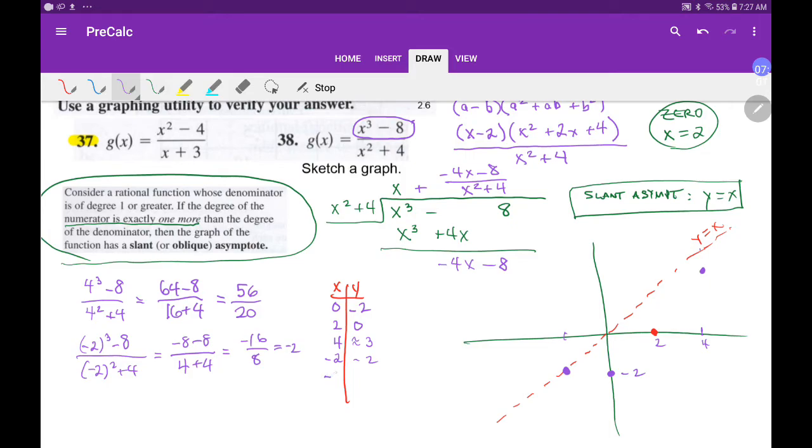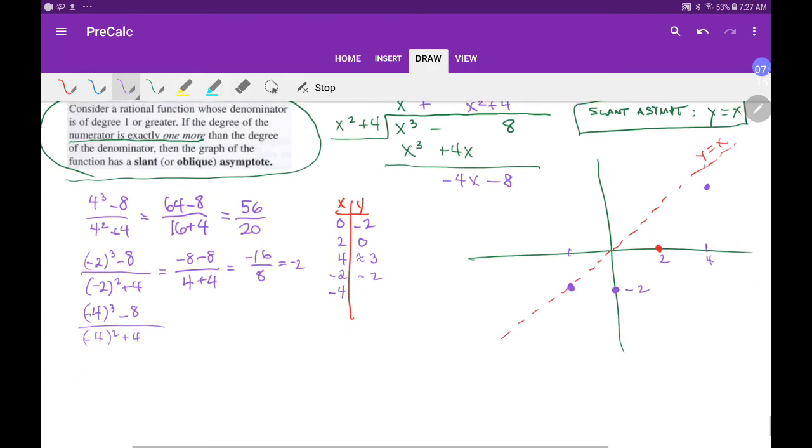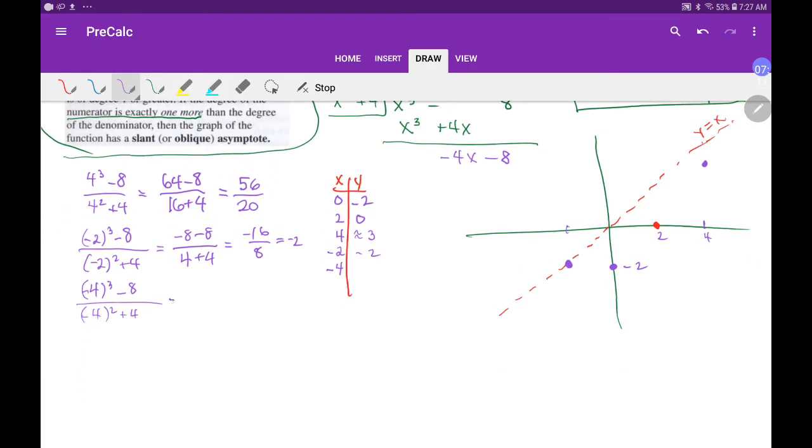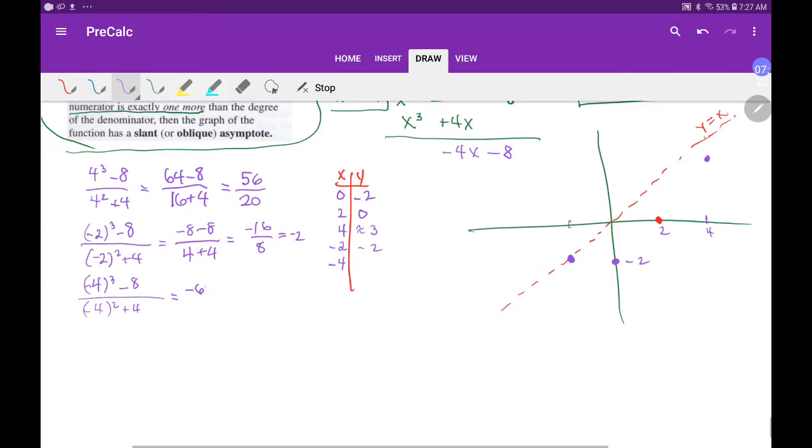And then I guess we'll say negative 4. So negative 4 to the third power minus 8, over negative 4 squared plus 4. And let's see, what is that? That's negative 64. Is that right? Yeah, just like above, only now it's negative because it's to the third power. And we have 16 plus 4.